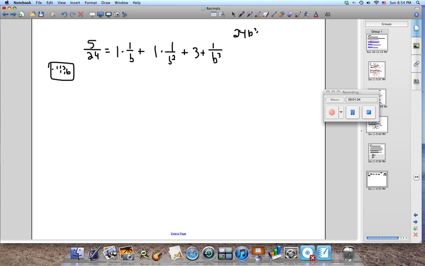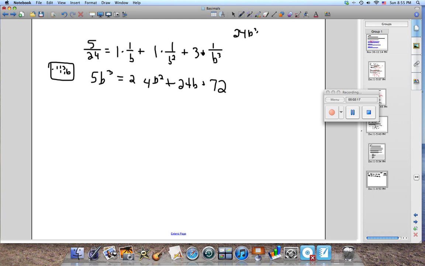So if I do that, I get 5b cubed equals 24 b squared plus b squareds cancel 24b plus, that should be a times there. 3 times 24 is 72, and then no b's because they're both b cubed and they cancel.